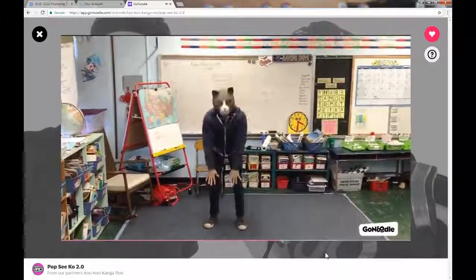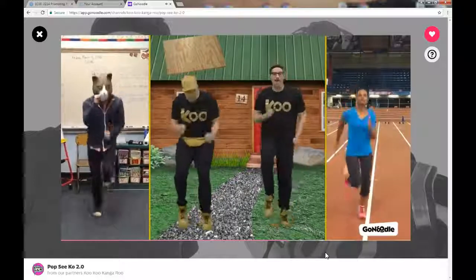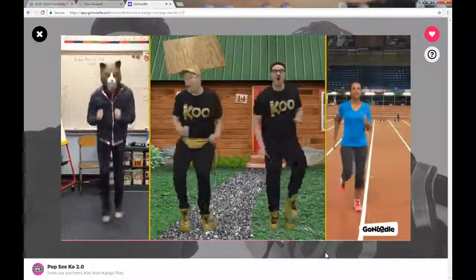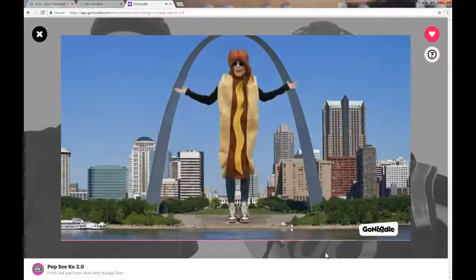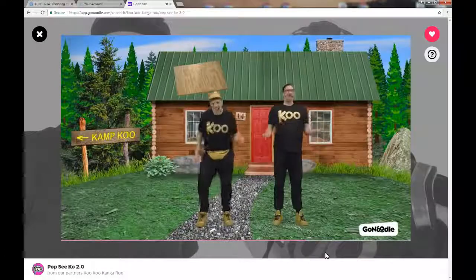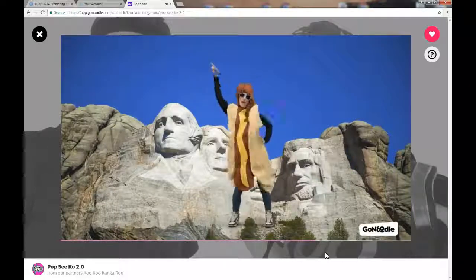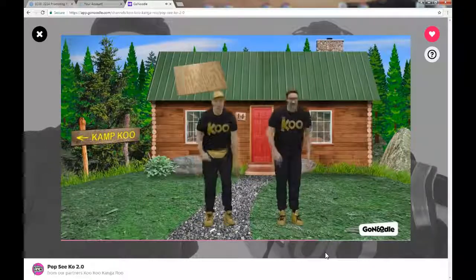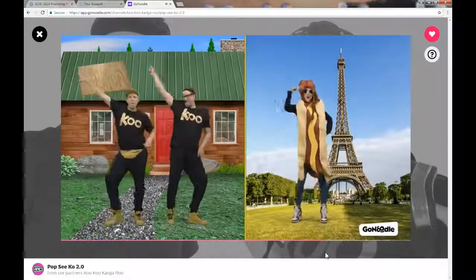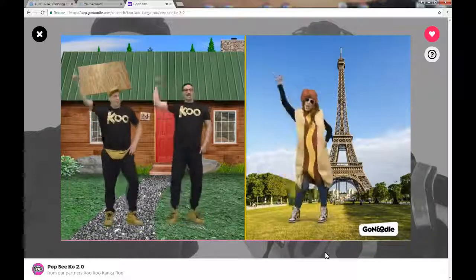Her hands are high, her feet are low, and this is how she popsicles. Hey, hot dog. Hey, what? Are you ready? For what? To pop. Pop what? Popsicle.